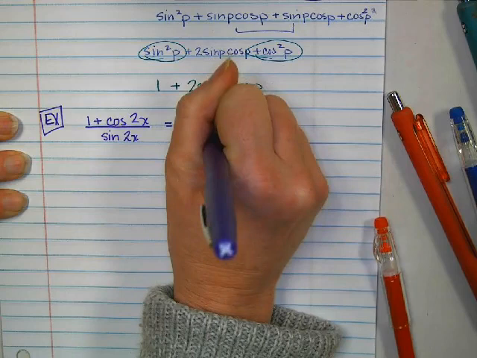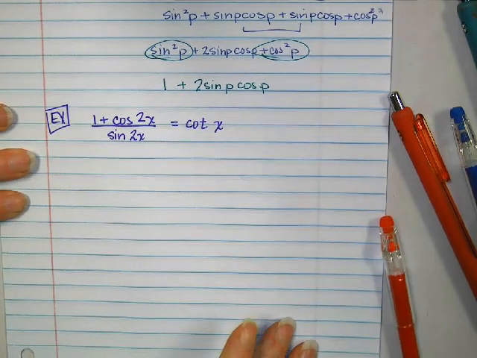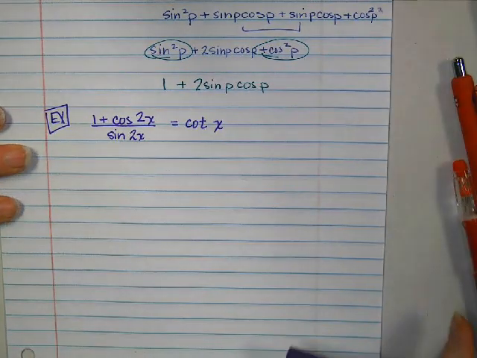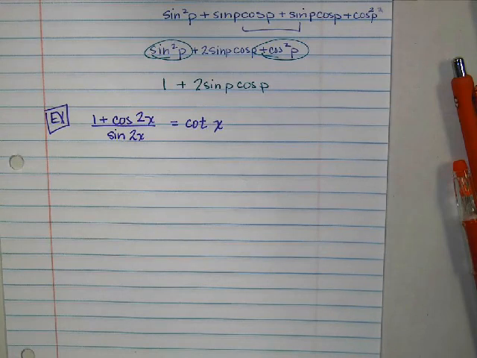I liked the matrix. Okay, so we're verifying this identity. It's very clear which side you should start on with this one. I think it should be the right side.